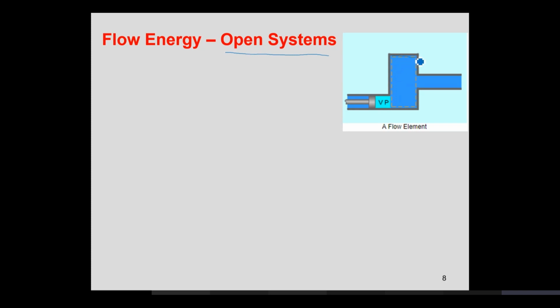If you have this control volume, and there is a small chunk of fluid element that has to get into this control volume. This chunk has a volume V and pressure P, and it has to move into the control volume. That means the fluid behind it has to apply a certain force so that this chunk moves in.